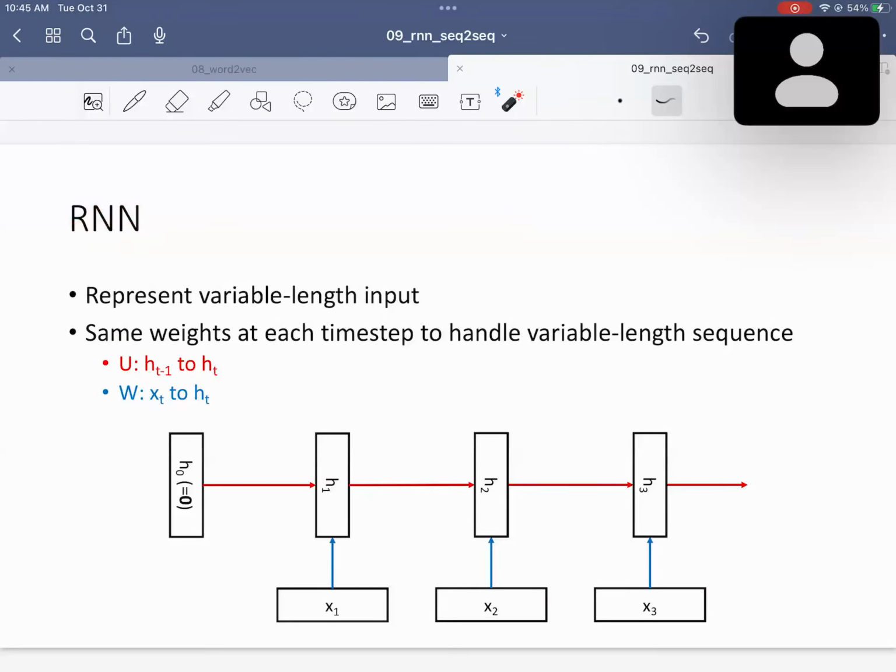If you did that, then your RNN would only be able to handle a very fixed size sequence. But because we're using the same U and same W over and over again, it doesn't matter whether it's 3 tokens long, 5 tokens, or 10 tokens long. You just use the same matrix over and over again, just using the for loop. That is why it can handle variable length sequence.